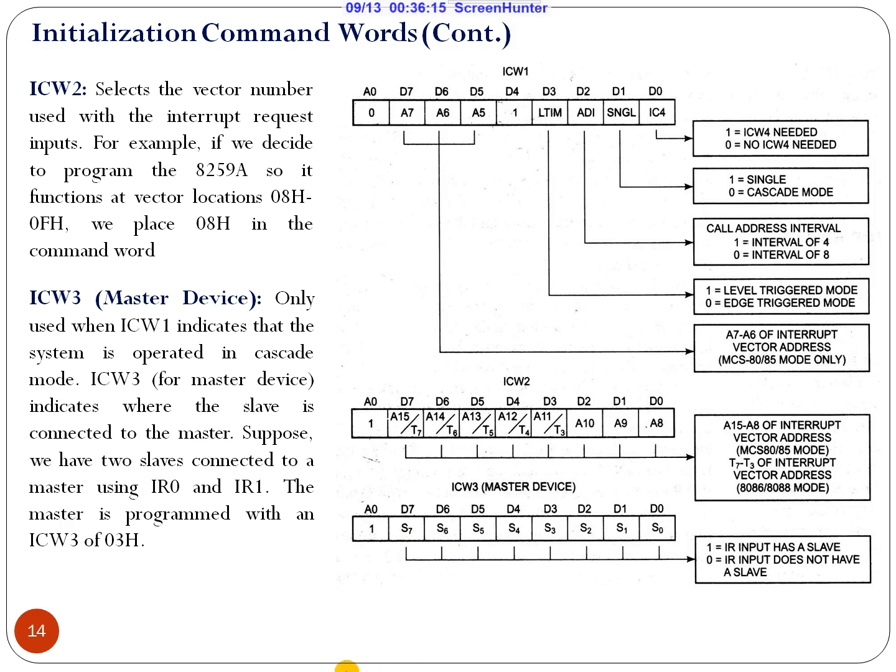And next, the D5 to D7 bits are going to be used for 8085 vector addresses, and ICW2 will be used for both 8085 and 8086.